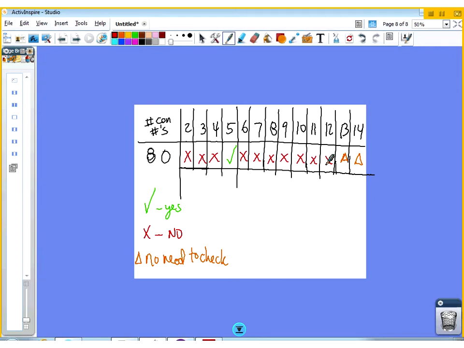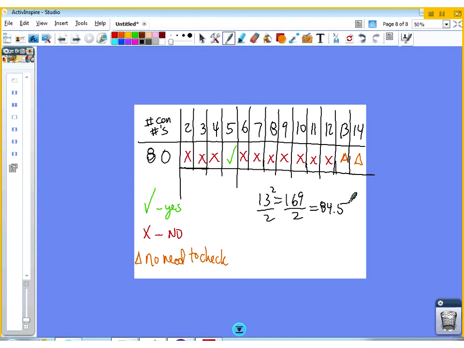Why do you only have to check up to 12? What's 13 squared, divided by 2? 84.5. Bigger than our number. That's an approximation. If you want to do the actual one, it would be 13 times 14 divided by 2.